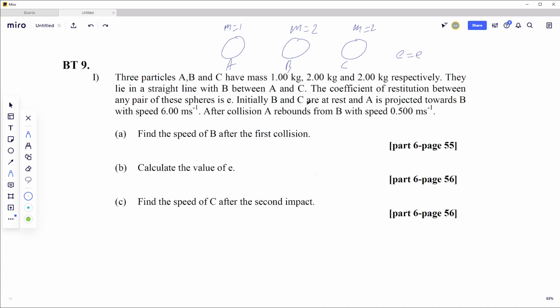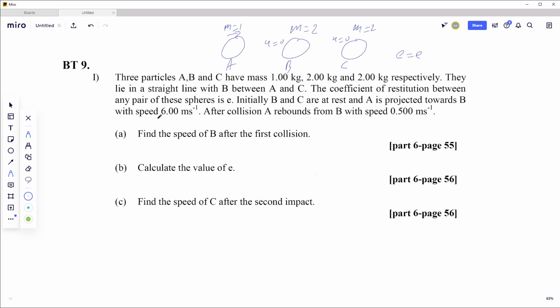So B and C are initially at rest. This is really important. And what else? A is projected towards B as expected, so A is going to initiate everything. A is going to bump into B, and it will rebound. B will bump into C, it will rebound, or maybe it could possibly continue rolling.